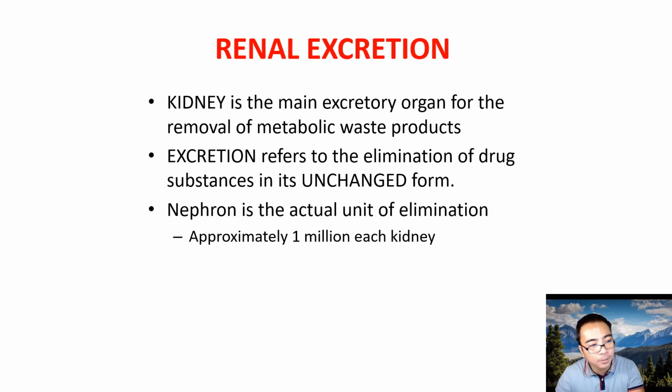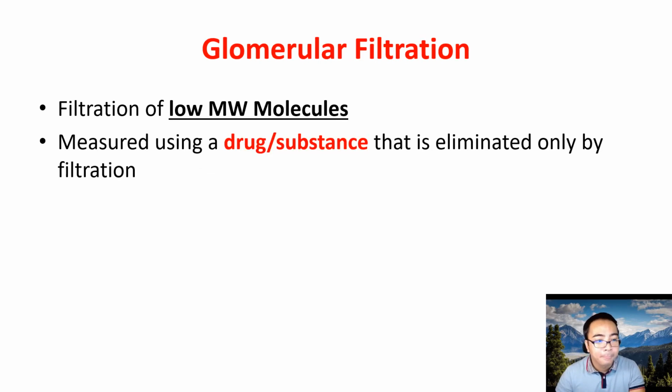And the functional unit of our kidneys, class, would be nephrons. The process of filtration that happens in the kidney is known as glomerular filtration. It usually filters low molecular weight molecules, measured using a drug substance that's eliminated only via filtration. Glomerular filtration, class, we can measure this, and it refers to the function of the kidneys.